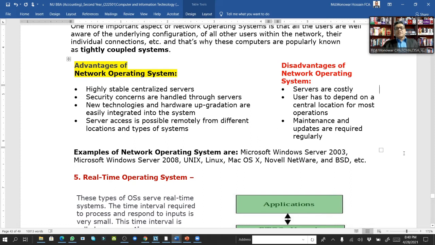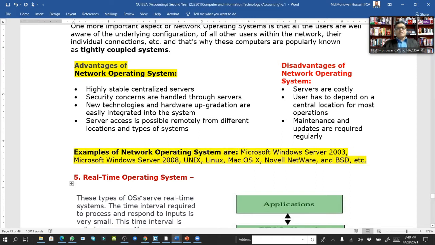Disadvantages of a network operating system: servers are costly, users have to depend on a central location for most operations, and maintenance and upgradation are required regularly. See the examples of network operating systems, sir: Microsoft Windows Server 2003, Microsoft Windows Server 2008, Unix, Linux, Mac OS X, Novell NetWare, and BSD, etc.